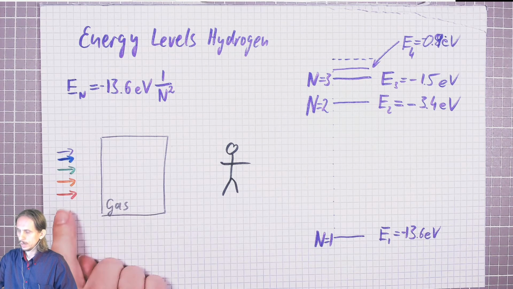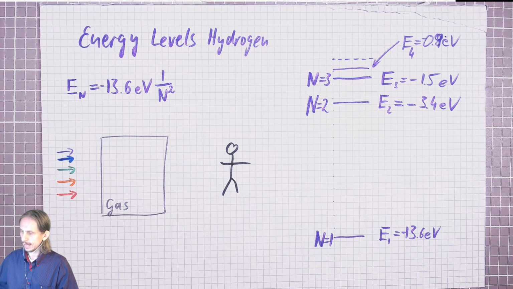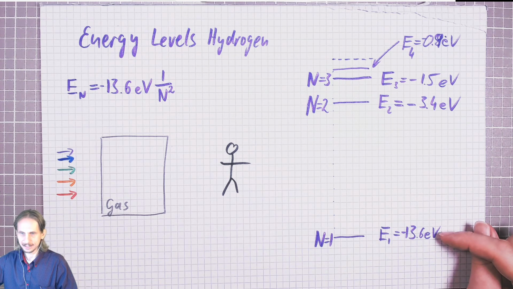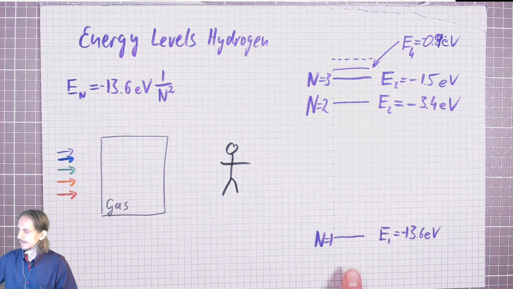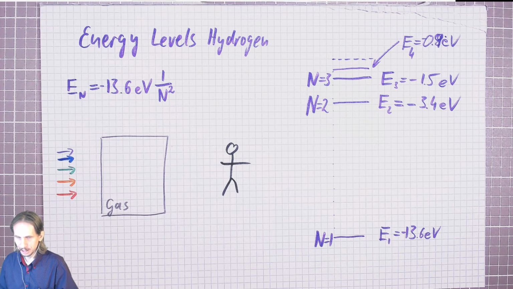First I would like to note that if our gas is in the ground state and we are going all the way from the ground state to the first excited state, we have 10 electron volts. That is very deep UV light.